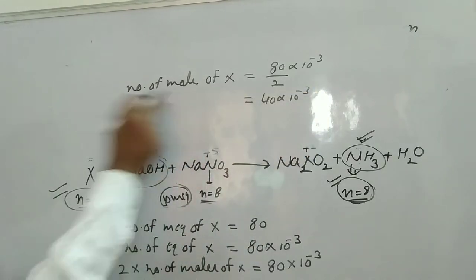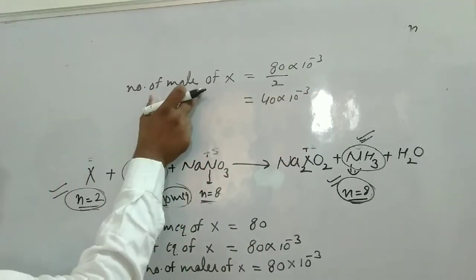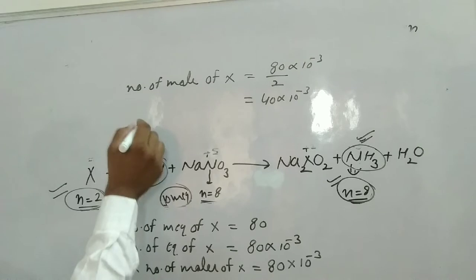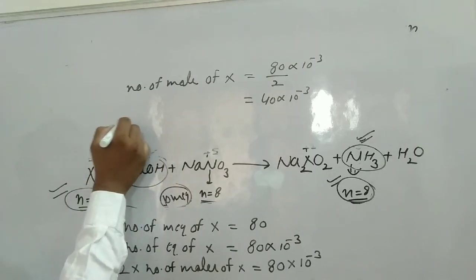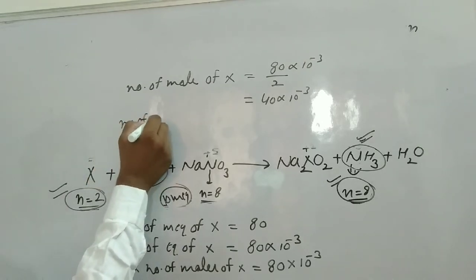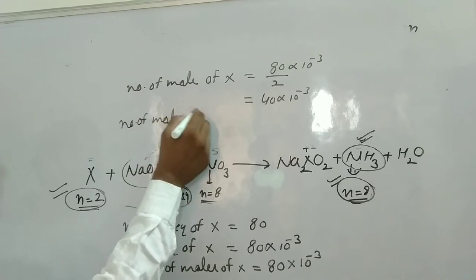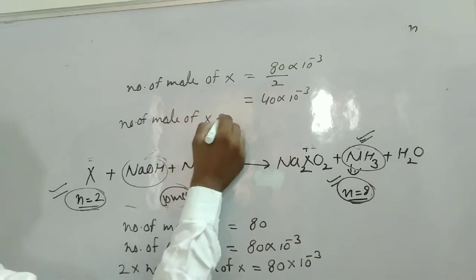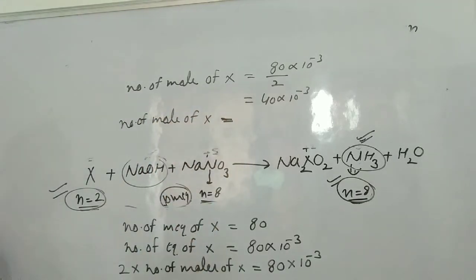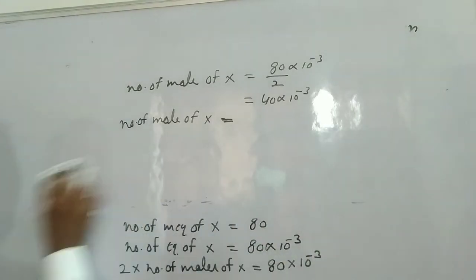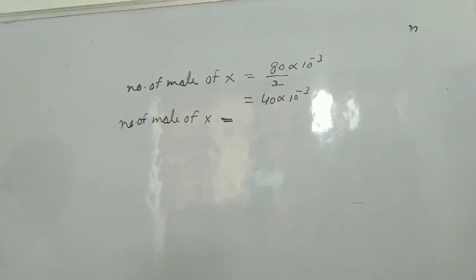The number of moles is always equal to mass by atomic weight. So the number of moles of X is equal to the mass taken divided by atomic weight. How much mass did we take of X? That mass was 2.616.